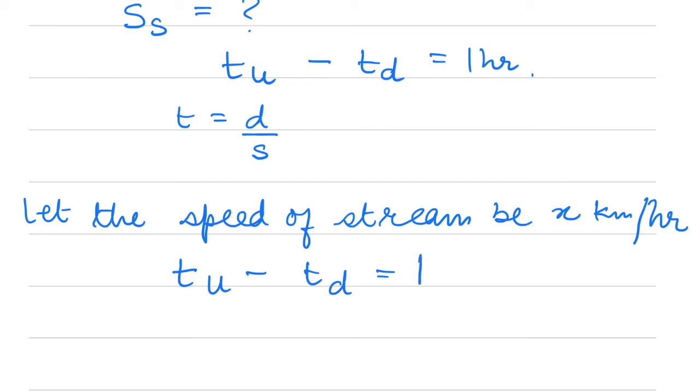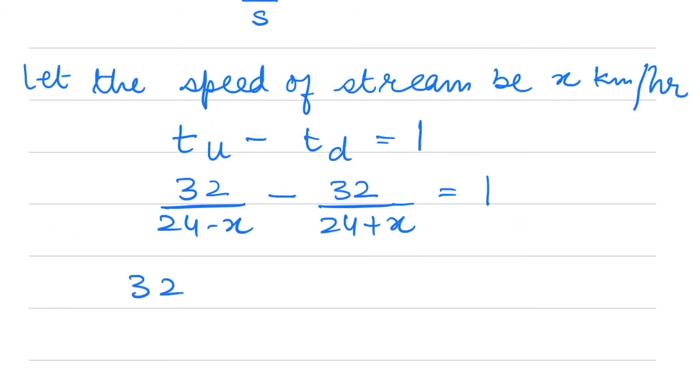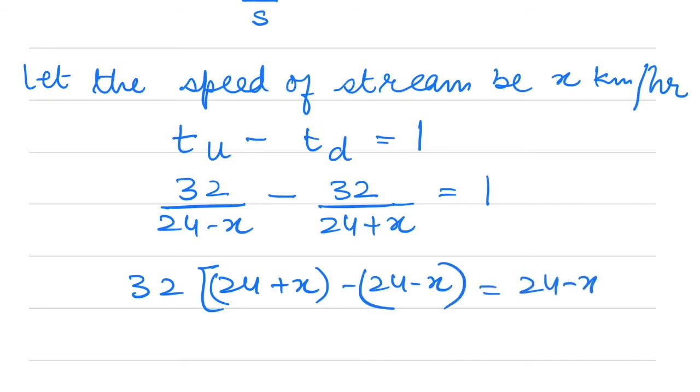Now time of upstream, so distance is same, so 32 kilometer upstream, and when you are going upstream, speeds are subtracted, so speed of boat minus speed of stream, minus time, again distance is same, and here speeds will be added, so 32 is common, and I can write down 24 plus x minus 24 minus x is equal to 24 minus x into 24 plus x.